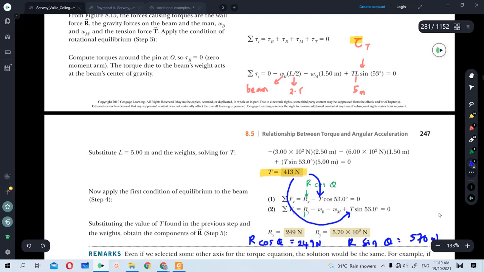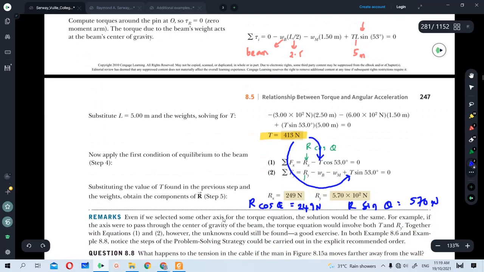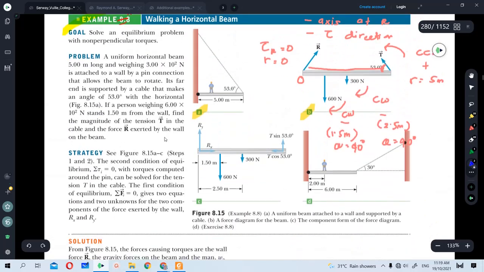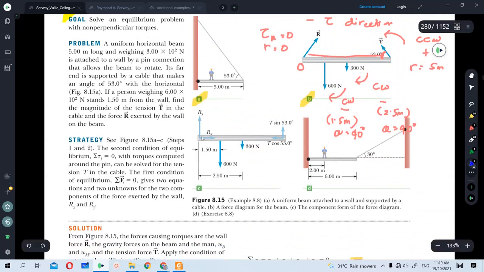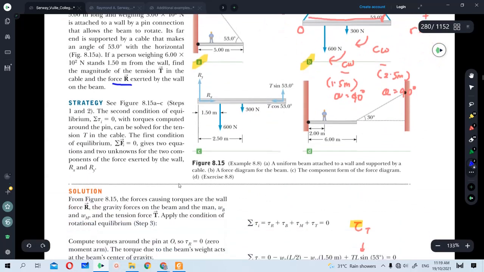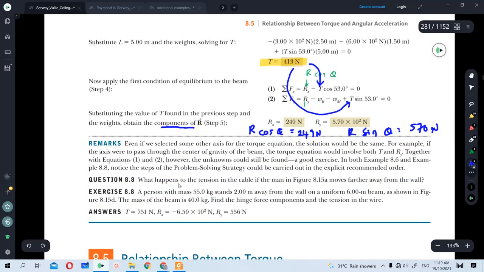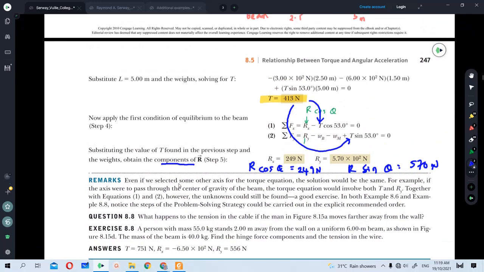Let's double check the question. The question would like you to calculate the force. Since it's asking for the force, unless the question says component, it is okay to leave it as the answer.